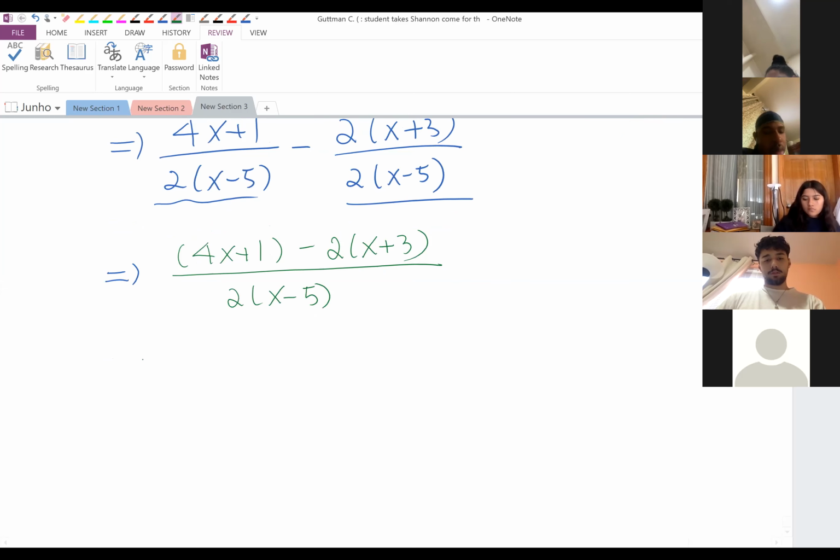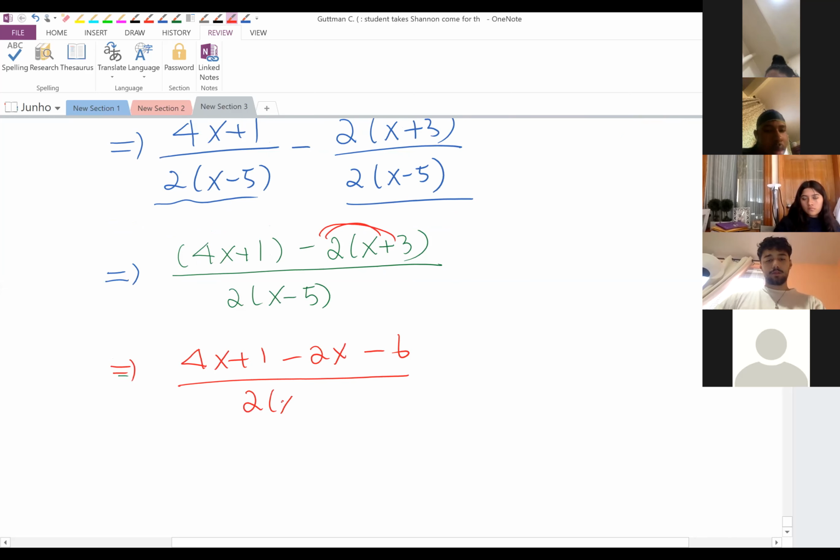Therefore, 4x plus 1 minus 2x minus 6 over 2 times x minus 5. To simplify, then 2x minus 5 over 2x minus 5. Okay, do you see any common factor between 2x and 5 on numerator?